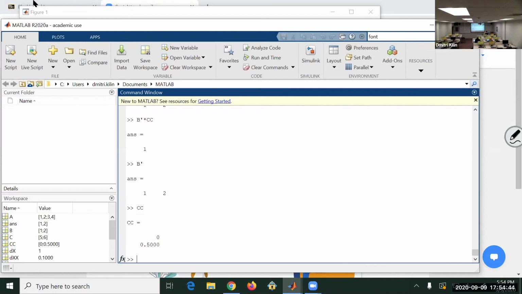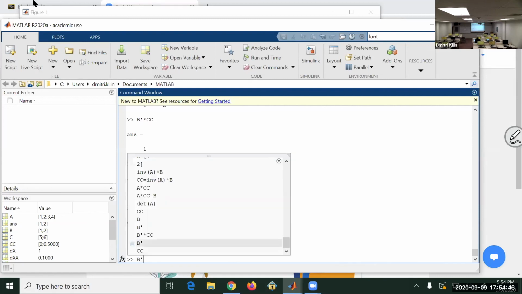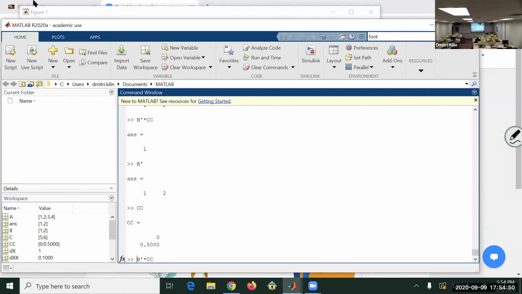Now, what if I swap the order and do C times B prime? Am I going to get an error? Am I going to get a single number, or will it be something different? So what are you getting? Just try it.